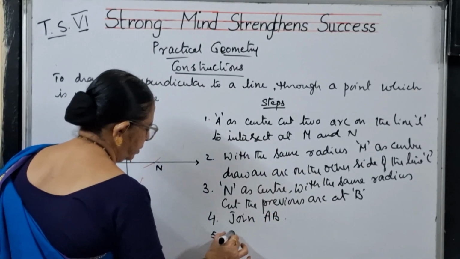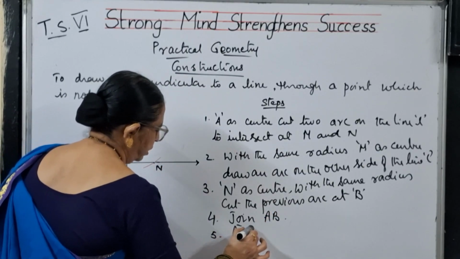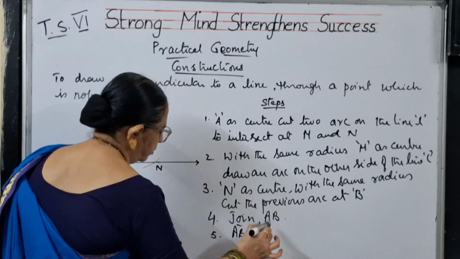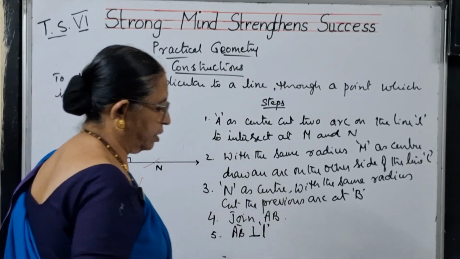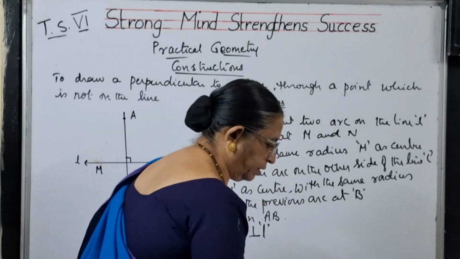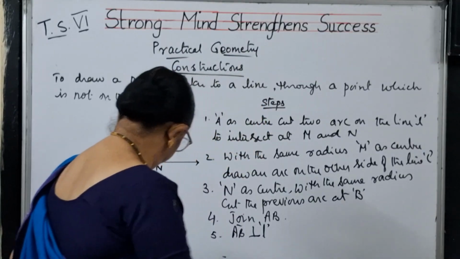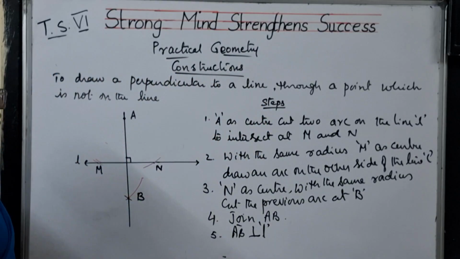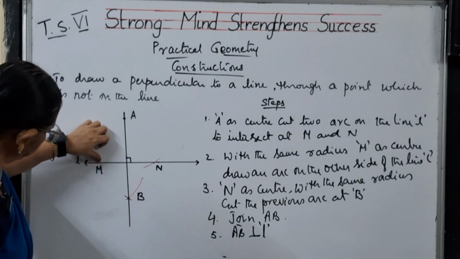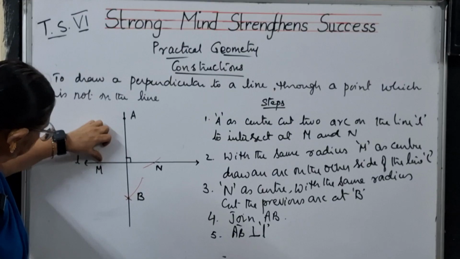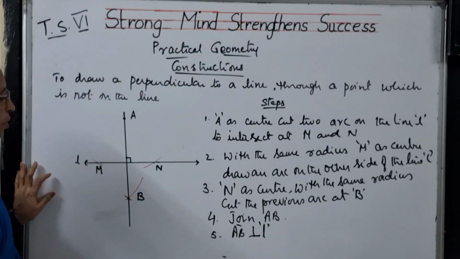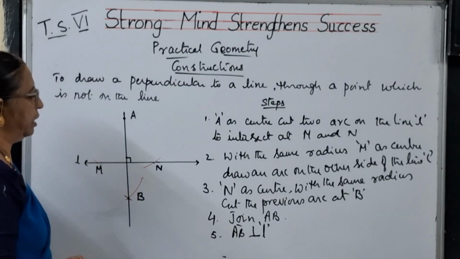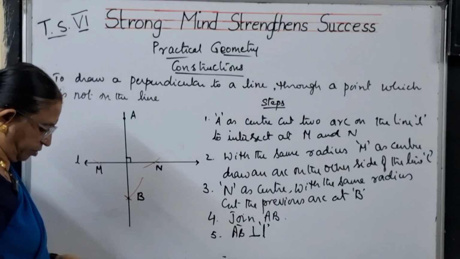Next, the fifth point is AB is perpendicular to L. So these are the construction steps for this construction, children. So please note it down. As I told you, do the constructions properly. If you follow my instructions and do it, you will definitely get the required construction.